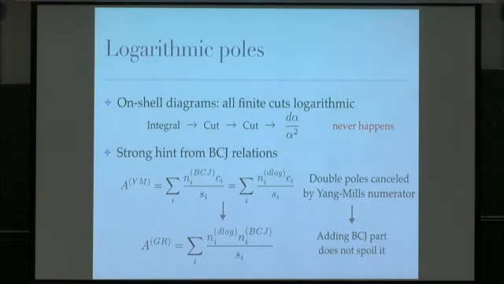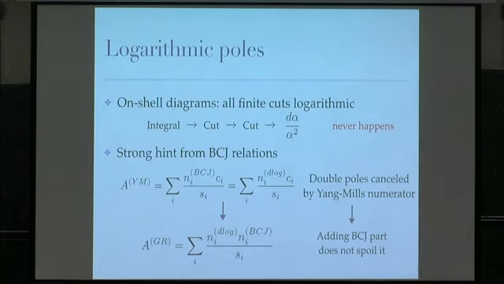There is no counterexample at the moment for both of the assumptions, so I just proceed with them. If that is true, you just take this double copy. And because the only double poles that can happen are from these denominators, and the D-log numerator already cancels them, the double poles that could be generated by the S's, which are products of the Sij's and others, adding another factor doesn't spoil anything. If it doesn't have any extra poles; if it has extra poles, then the proof doesn't go through.